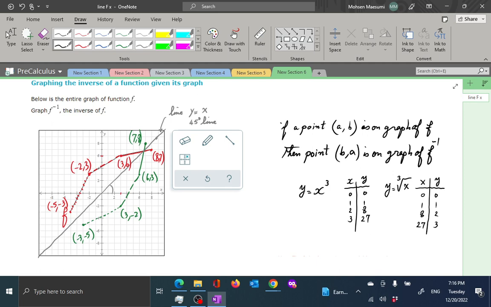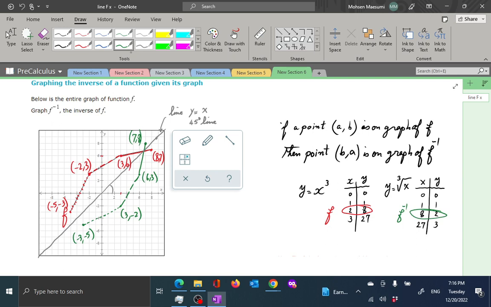Now if you pay attention, for example, if I have 2, 8 on the graph of the function f, then I have 8, 2 on the graph of its inverse. So if x cubed is my original f, then cube root of x is f inverse.